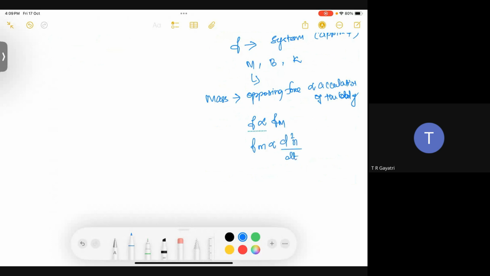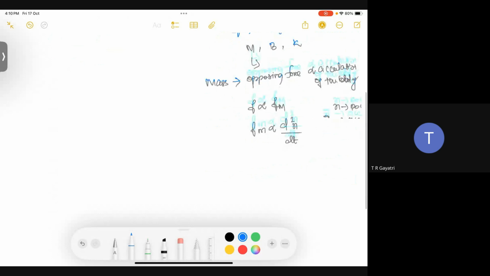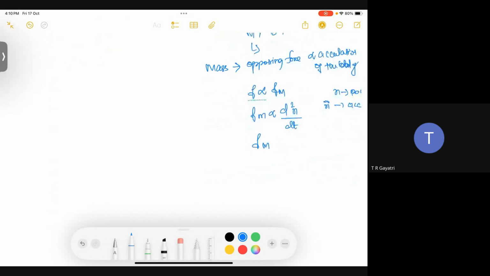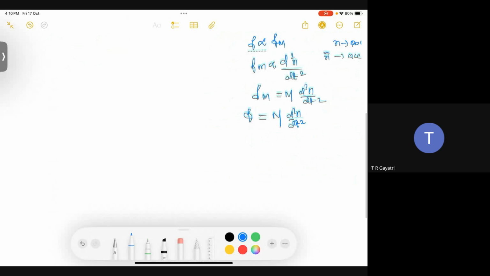This is the acceleration, where x is the position, and the double differentiation of x gives us the acceleration, x double dot. Taking the proportionality constant, we will have Fm equal to m into d squared x by dt squared. Right? So this is in terms of mass.